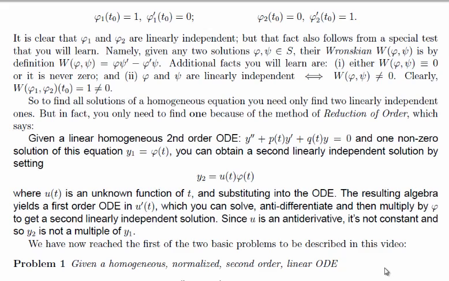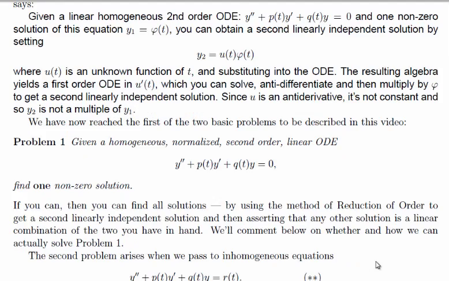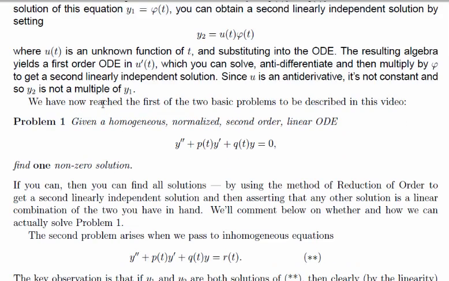So we have now reached the first of the two basic problems to be described in this video. We can now state it. Problem 1: given a homogeneous, normalized, second order, linear, ordinary differential equation. So there it is.